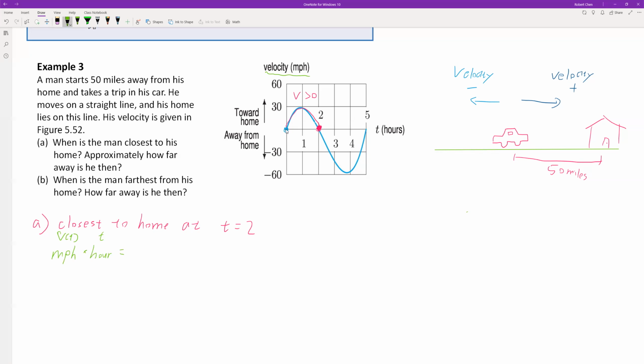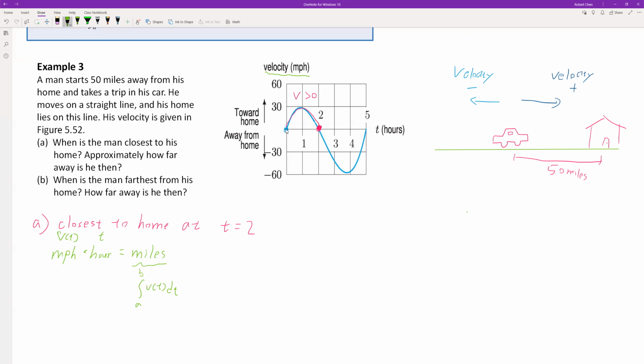When we multiply mph by hours, we get miles. That's the quantity we want. So to find miles, that's going to be the integral from a to b of v of t dt. In this case, we want to take the integral of the velocity function to obtain the distance traveled between time equal to 0 and 2, because we're traveling towards his home.